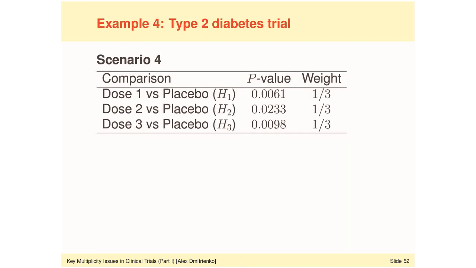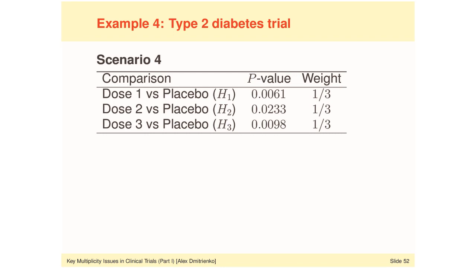We're going to use the following set of one-sided p-values based on the individual dose-placebo comparisons from example 4, which is again based on the type 2 diabetes trial. This particular set of p-values was introduced earlier and was labeled scenario 4.